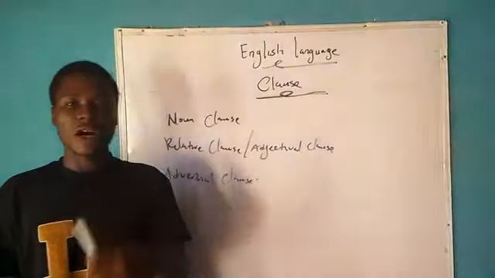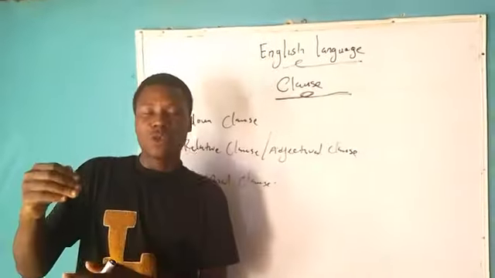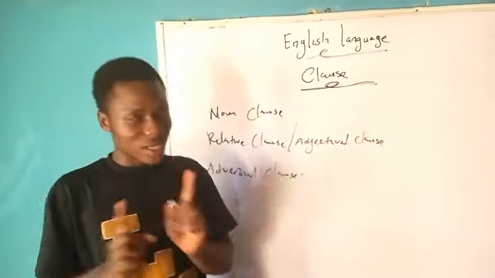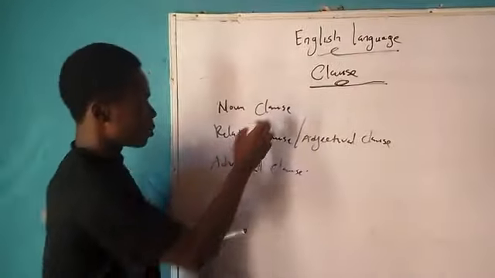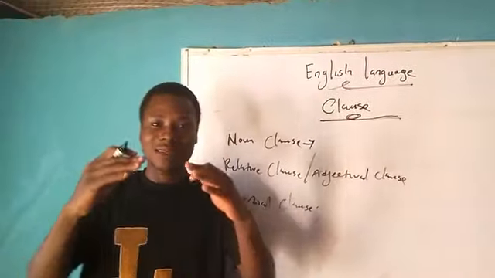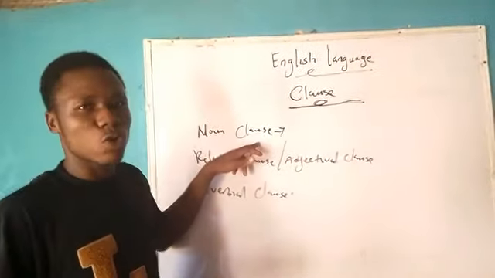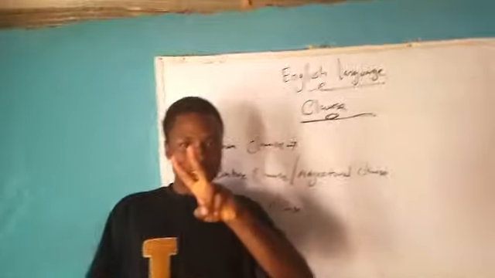Now let's start with the noun clause. A noun clause is a type of clause that acts as a noun in a sentence. For you to be able to identify a noun clause, there are two things to note.